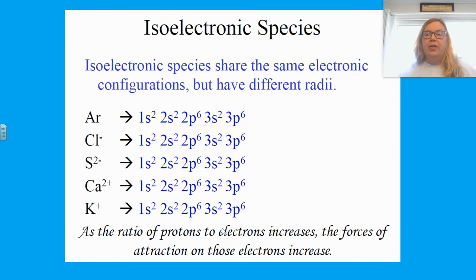So if we have more protons, for example, the nucleus pulls tighter on the electrons. So the atomic radii may be smaller. That's where we looked at ionic radii last semester. So if you look at argon, chlorine, sulfur, calcium, and potassium, actually calcium has the greatest number of protons. So that would be the smallest of all of these.